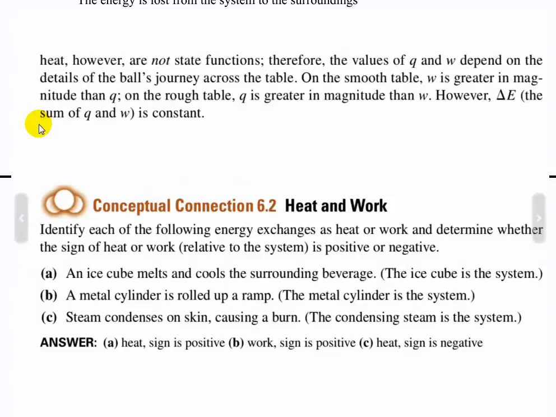It is given to the ice to melt it. That's right. Heat is transferring from the surroundings, the liquid, to the ice cube to melt it. So even though the English is confusing because it says the ice cube melts, it's actually the surroundings that are transferring heat to the ice cube, because you can't transfer heat from a cold thing to a hot thing.